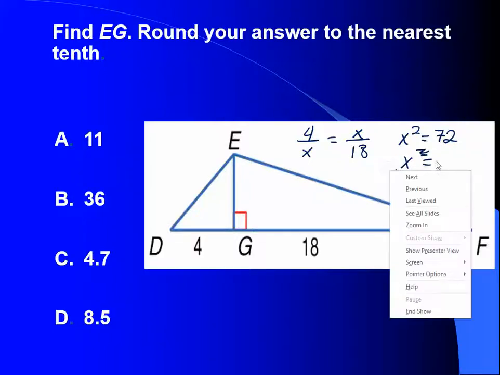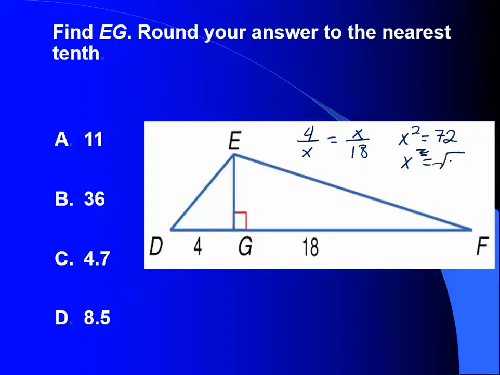X is going to equal the square root of 72, which if you do that on your calculator is 8.5. We knew it had to be between 8 and 9 because 8 squared is 64 and 9 squared is 81. Well, this was 72, so it needed to be between 8 and 9. The only answer is 8.5.